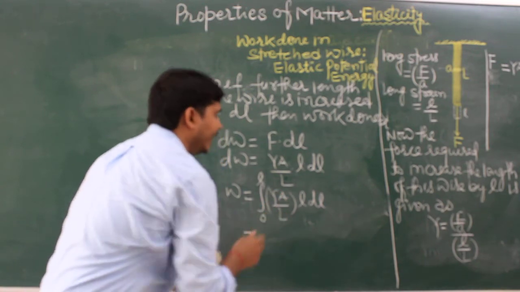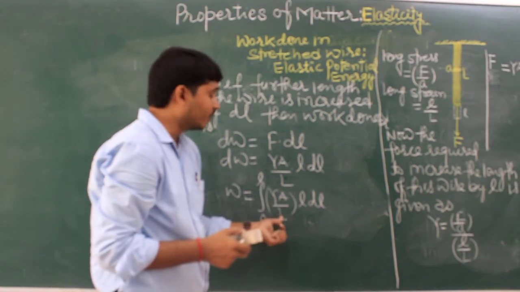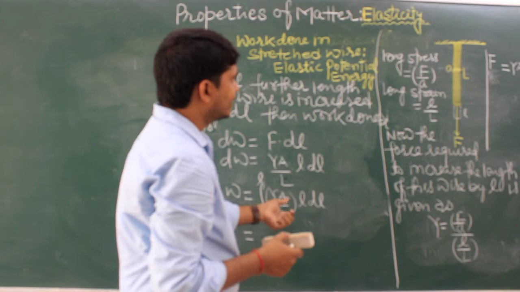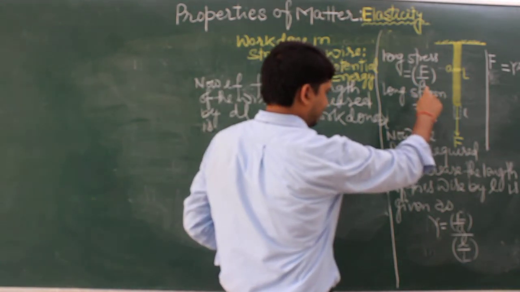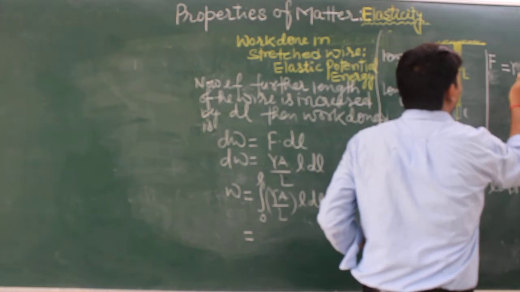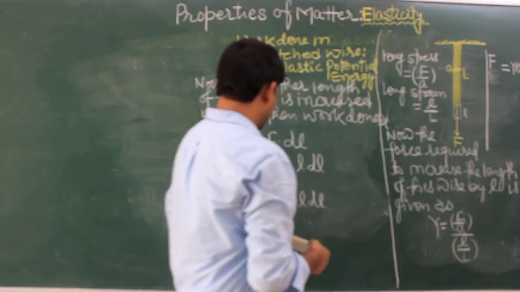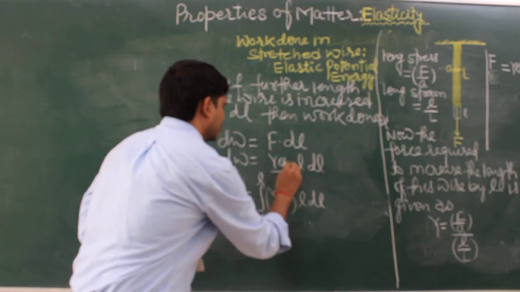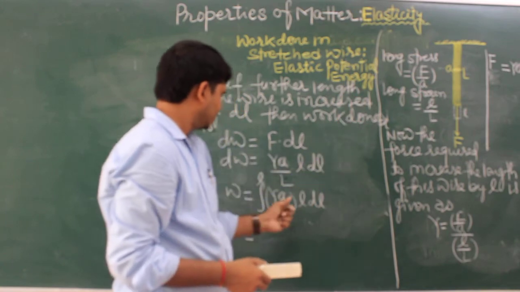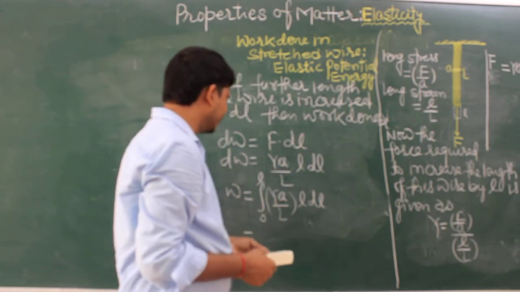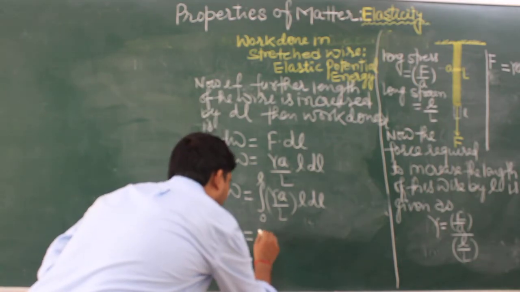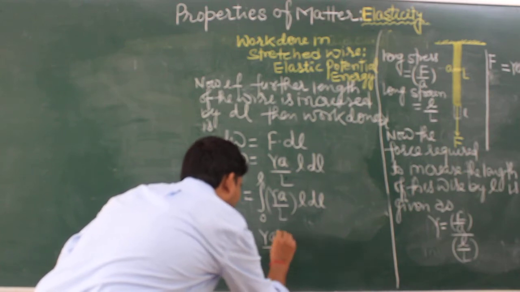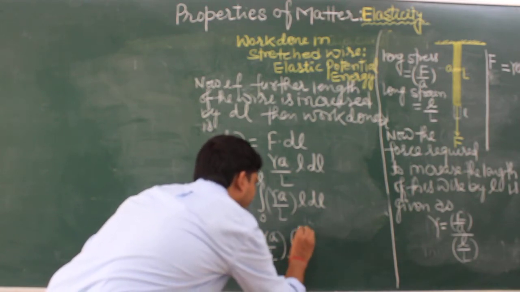While A and L are constant values, the length of the wire and the cross sectional area, small a is also a constant, and Y is the coefficient of elasticity. So it will be taken out from this integration, A over L, from 0 to l.